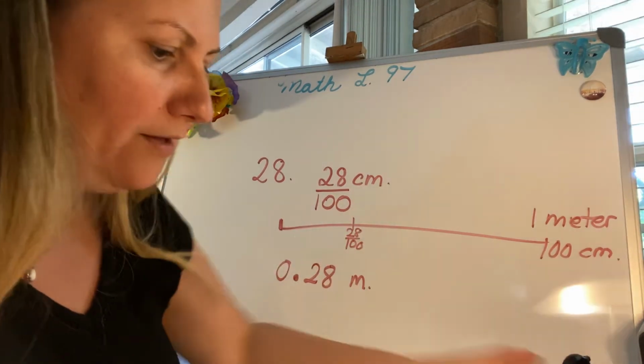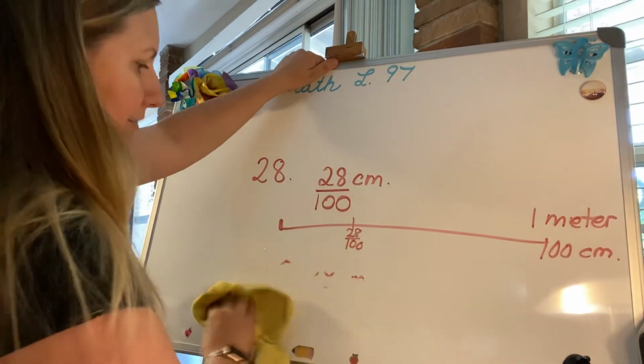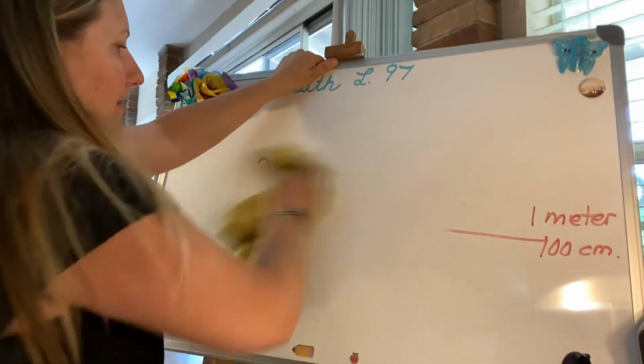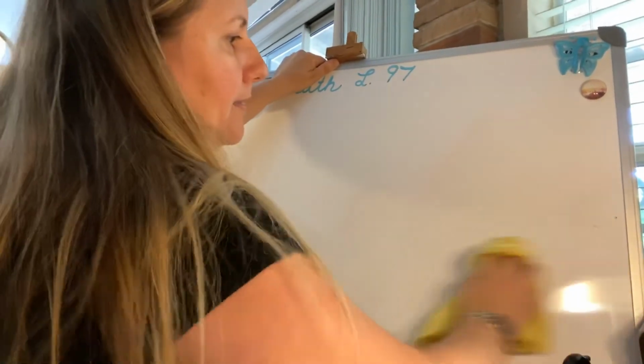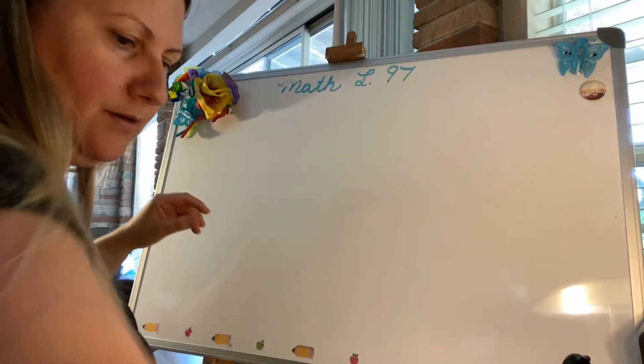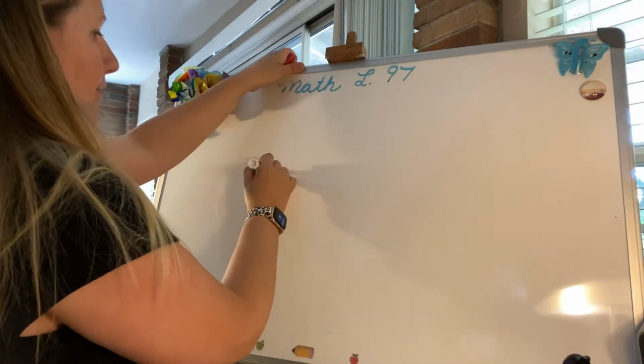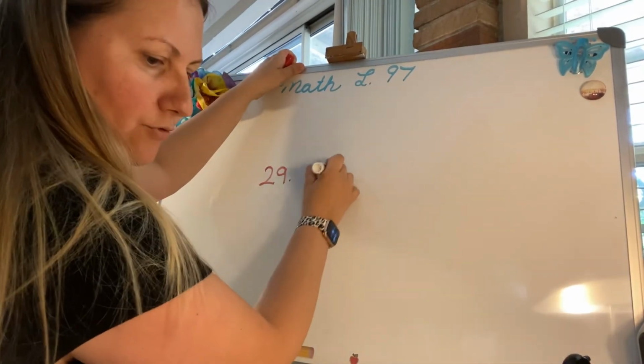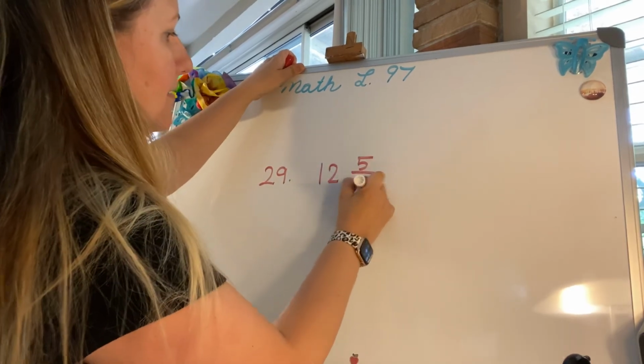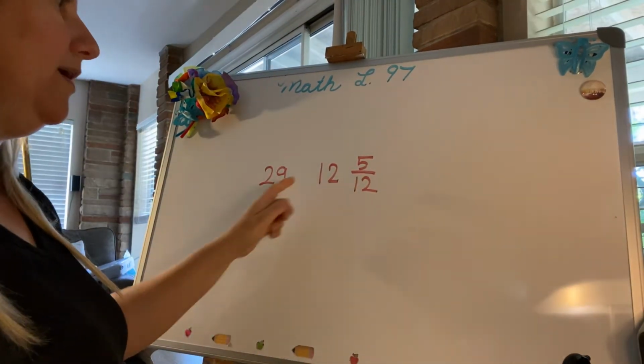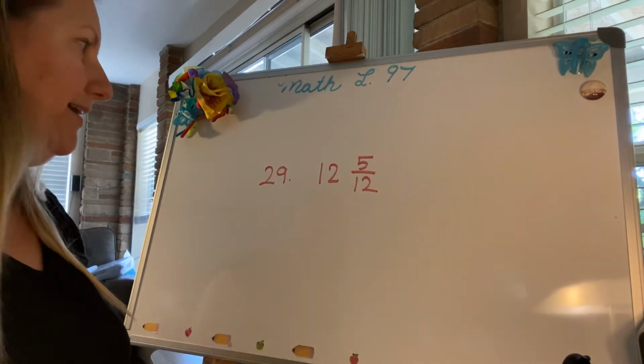Okay, number 29 says round 12 and 5/12 to the nearest whole number. Let's write that down. So 12 and 5/12. Well, 12 and 6/12 would be exactly a half, right?